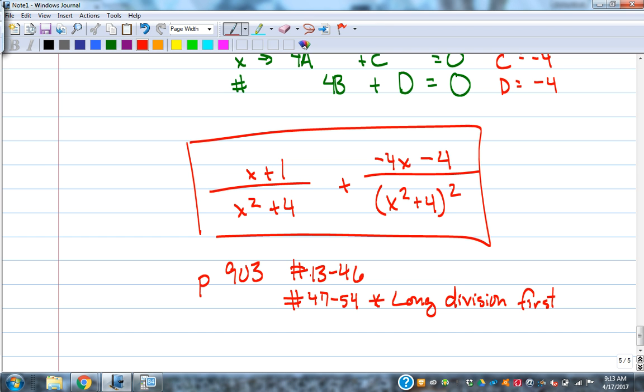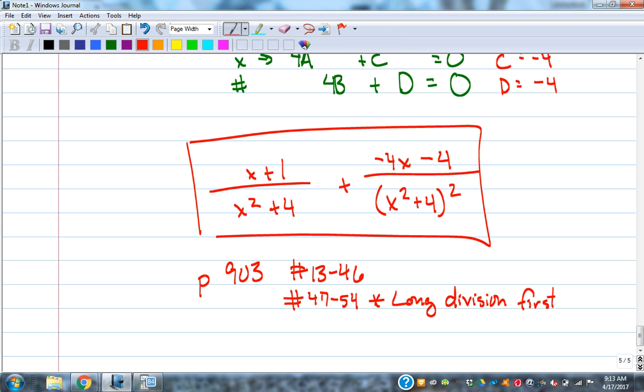All right. So practice problems, page 903, 13 through 46. Make sure you do a smattering of those. On 47 through 54, do long division first. The remainder is what you're going to decompose, because that'll be the only fraction that's left. So do long division first. 47 through 54.